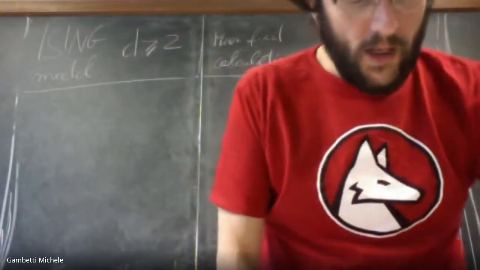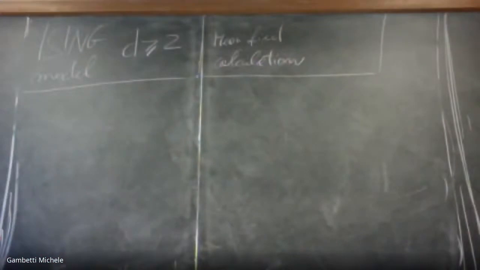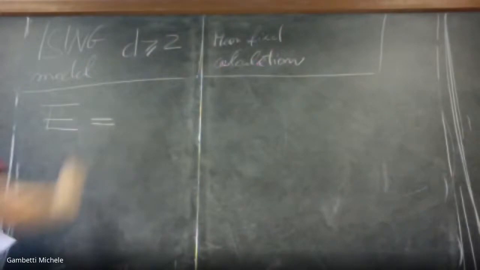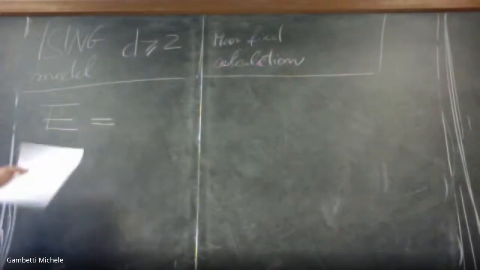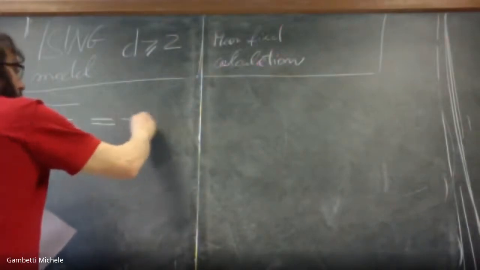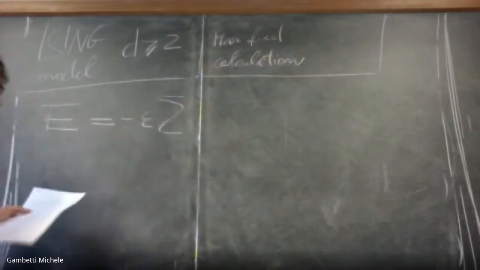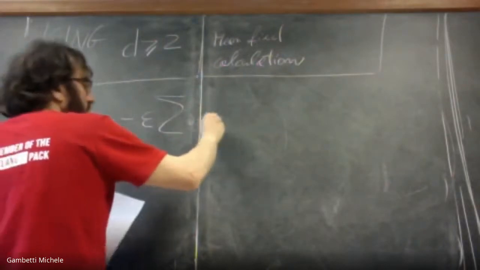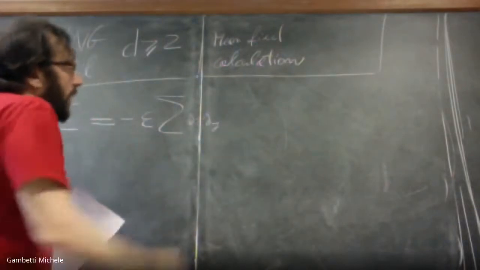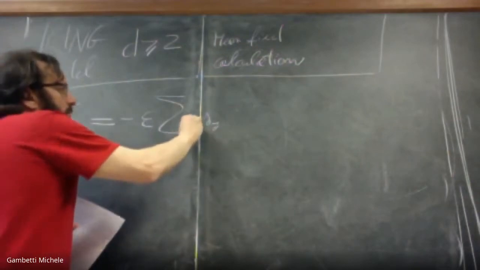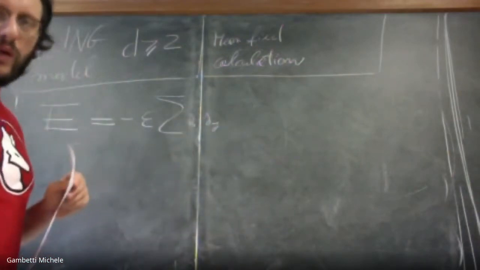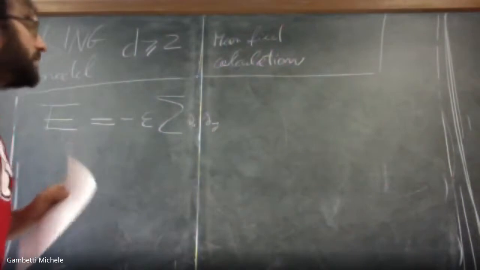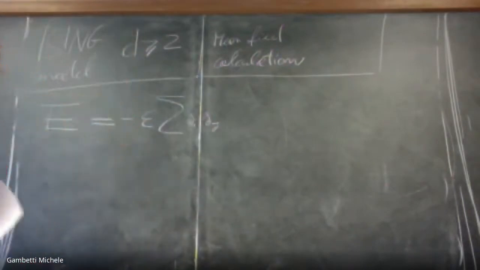Okay. So the next topic is the following. The starting point is again the same: I have the energy, the eigenvalue if you want of the Hamiltonian, which is minus epsilon times the sum over S_i S_j. Now I cannot put S_{k+1} any more because it's not a linear Ising model, it is at least a two-dimensional Ising model.